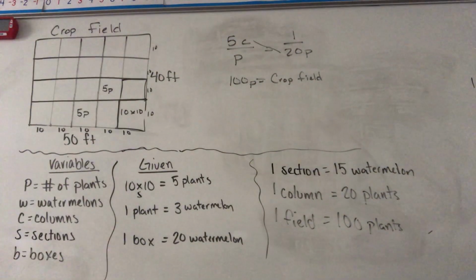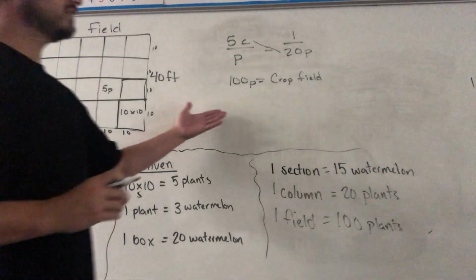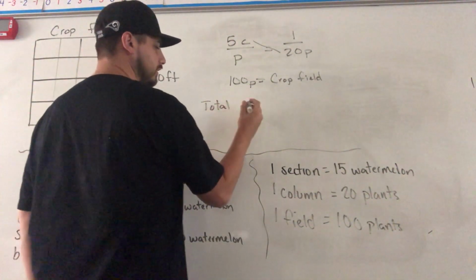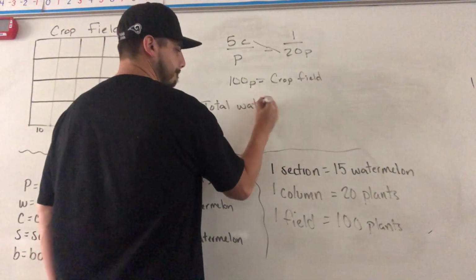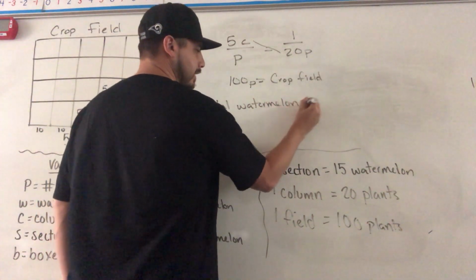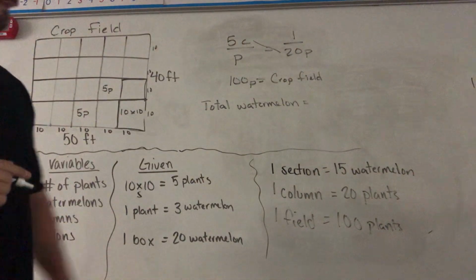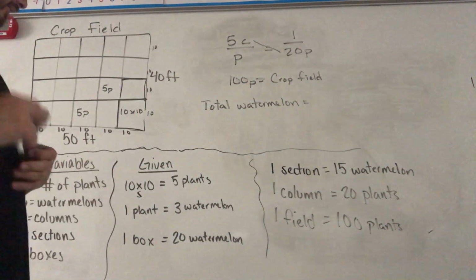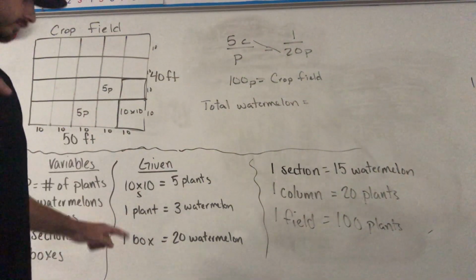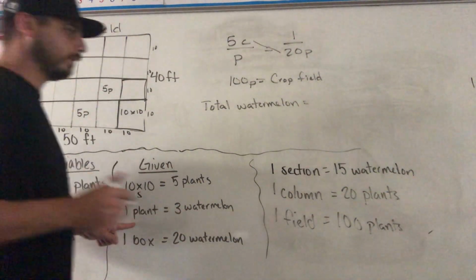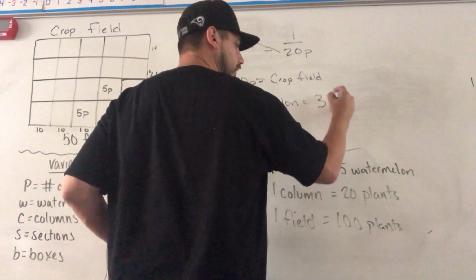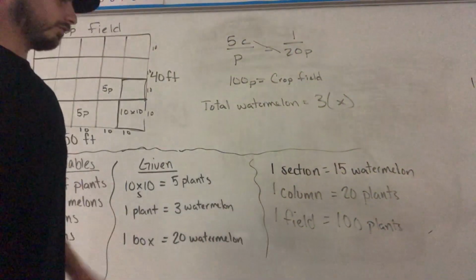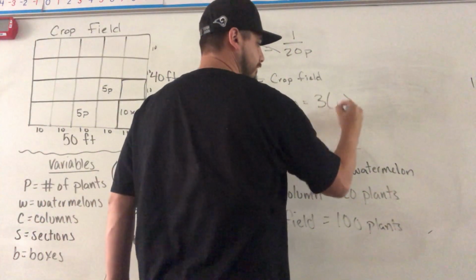Now let's write an equation of how to solve how many total watermelons we can yield from this information. If there's 100 plants, we got to think to ourselves, how many watermelon per plant? It says right here, we get 3 watermelon for every 1 plant. So we get 3 watermelon for the X amount of plants. Or we'll put P, because P represents plants.